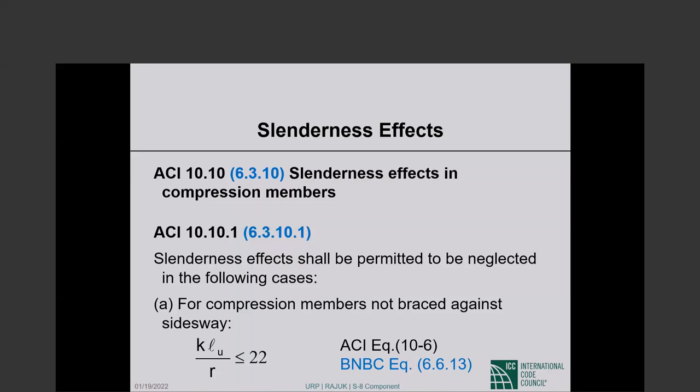Secondly, much of it, not all of it, like there are three ways of doing it: nonlinear second order analysis, linear second order analysis, and moment magnification.